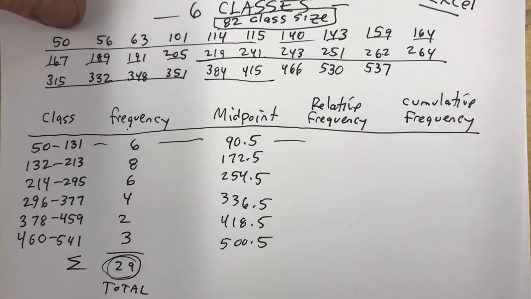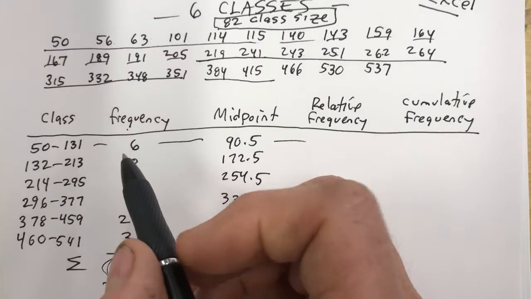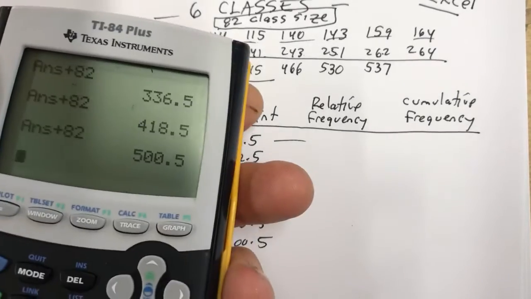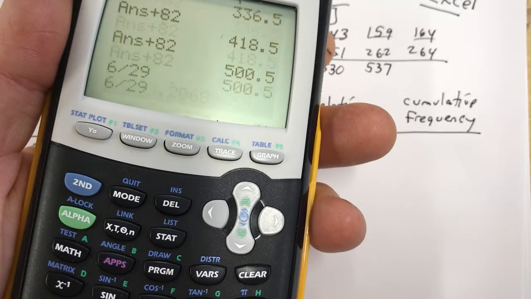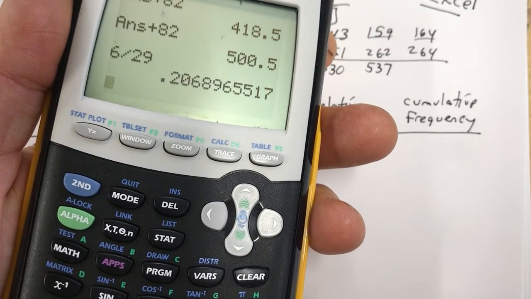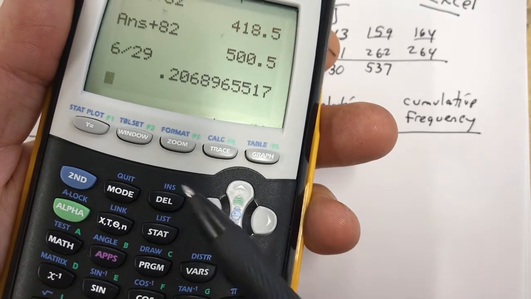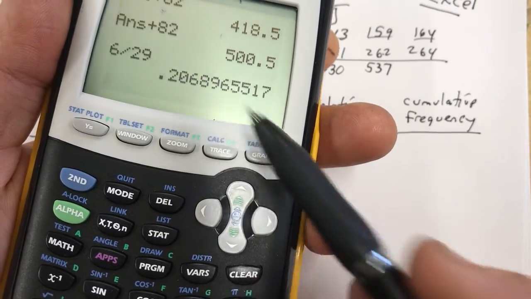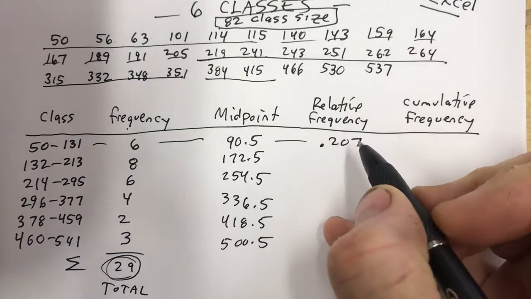All right. So out of 29, there's 6 in this class. So all I do is a little division there. 6 divided by 29, which is 0.2068. I think we ran this 3 places, so it's going to be 0.207.